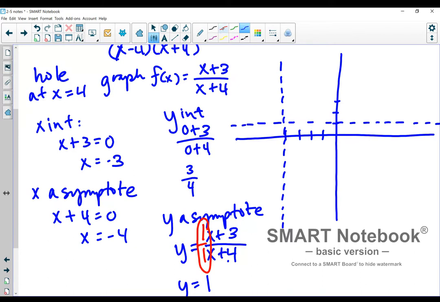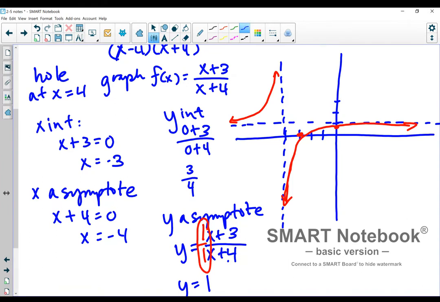So now I'm going to go ahead and plot some points. I have a point at 3/4. I have a point at -3 on my x-axis. And then I want to connect them so I can see clearly what's going on here. I'm going to have part of my graph on this side. And then remember, these are always alternating. So I'll have part of my graph over here.